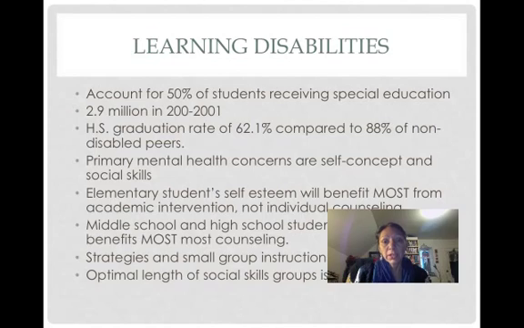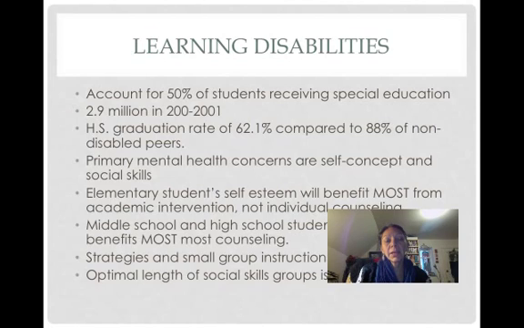Their high school graduation rate is lower compared to non-disabled peers, 62% compared to 88%, so there is an issue of equity there. The primary mental health concerns for students with learning disabilities are self-concept and social skills. So those are the two areas you're likely to work with students on who have learning disabilities.